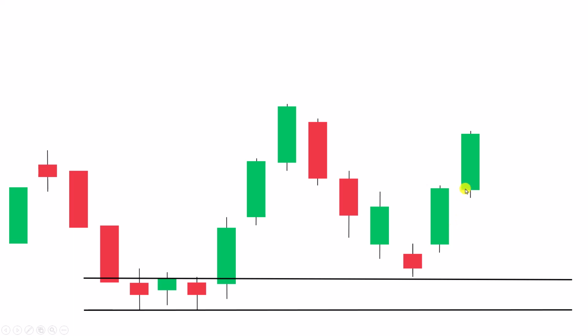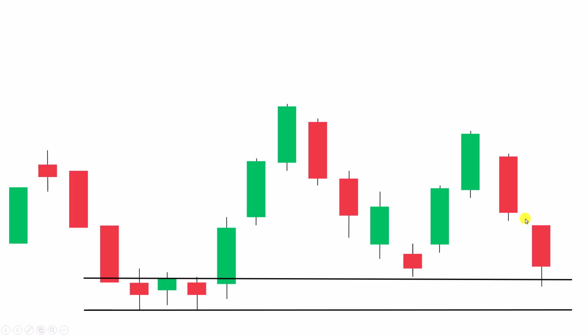Alright. Now if the price comes back once again here to this level, we will not be taking an entry here because we do not know how many pending orders are there. We do not know whether this will act as a demand zone anymore.